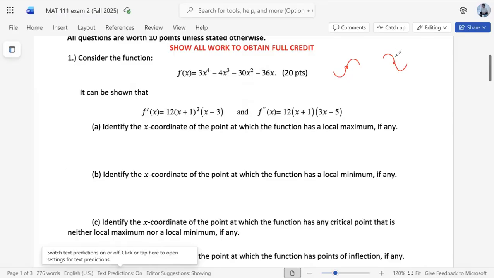Right? Those points are called inflection points. What happened there? That's when the second derivative equals 0. So we set the second derivative to be 0. Then we solve, well, divide by 12 on both sides. So we see x equals -1 could cause this to be 0. Well, x equals 5/3 could cause this one to be 0. So we get two values, -1 and 5/3.